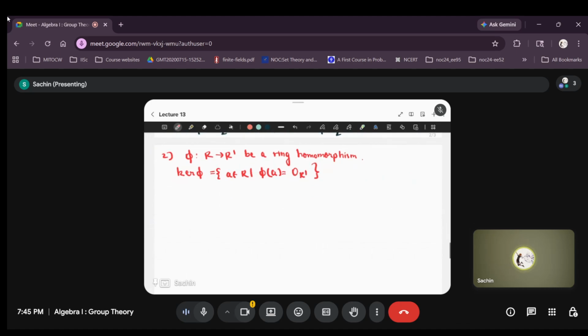What we have to do now is show that phi is injective if and only if the kernel of phi is the set containing 0, that is {0_R}.